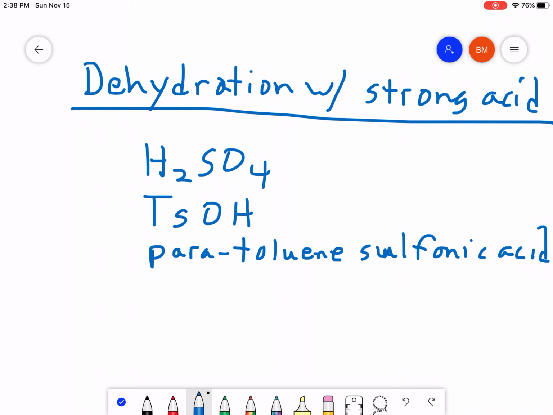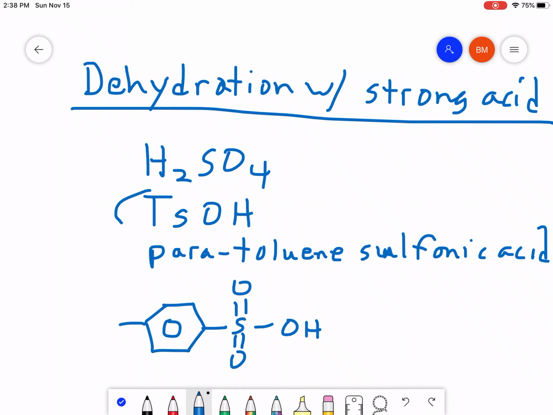Now, that's a bit of a wordy name. If you look at the structure, it's also not really simple either. It looks like this. So you can kind of see why we use the abbreviation TsOH. It's a lot simpler. But basically, this proton right here is very, very acidic.